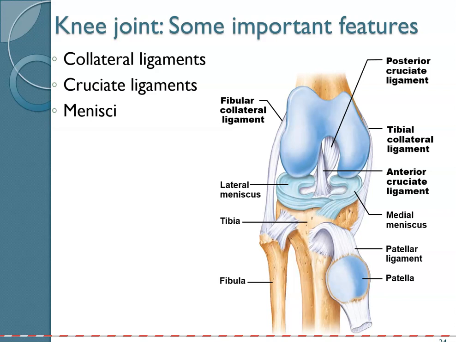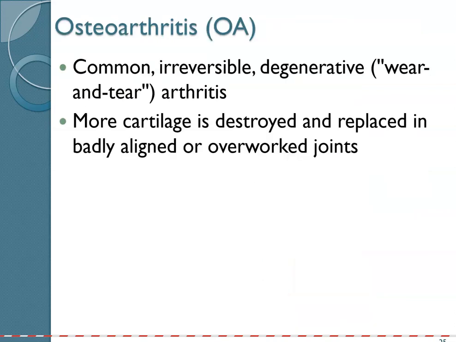One last thing I want to talk about is two of the commonest diseases of the joint, which is osteoarthritis. Normally they just call it arthritis sometimes, and then rheumatoid arthritis, the next common. So osteoarthritis is considered the wear and tear arthritis. Here, whatever joint that person uses a lot of can develop osteoarthritis, right?